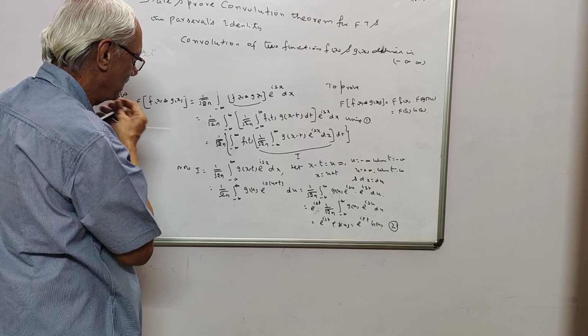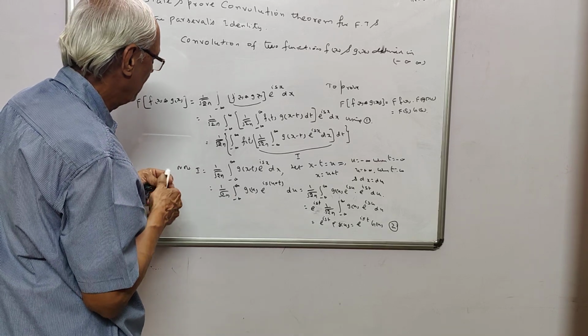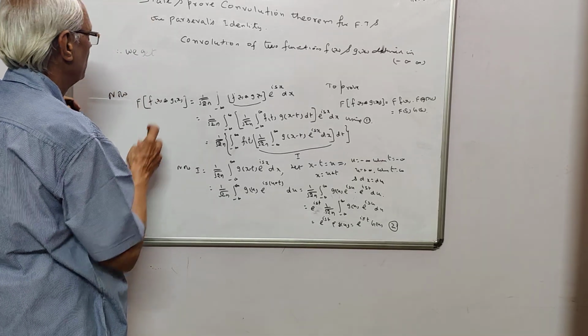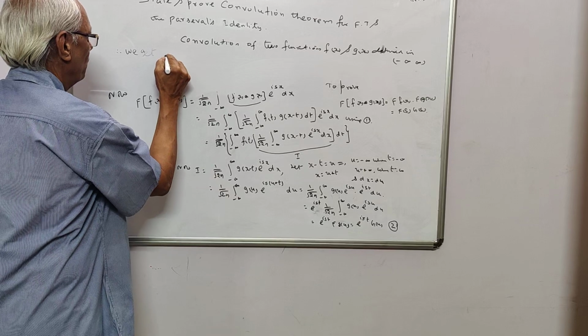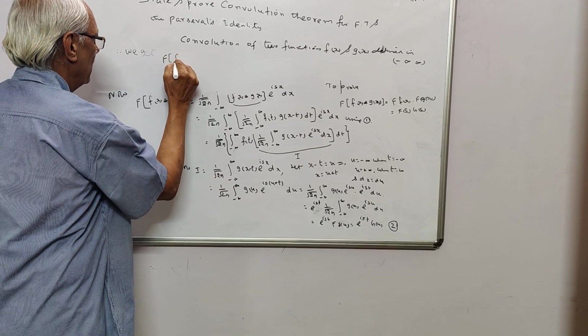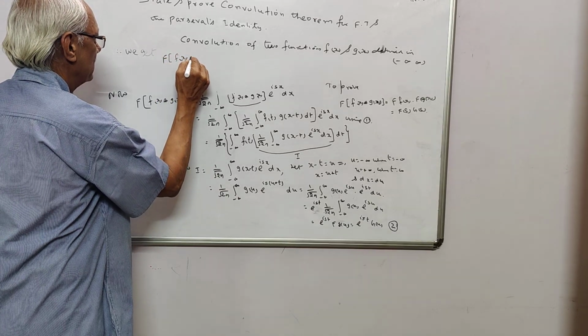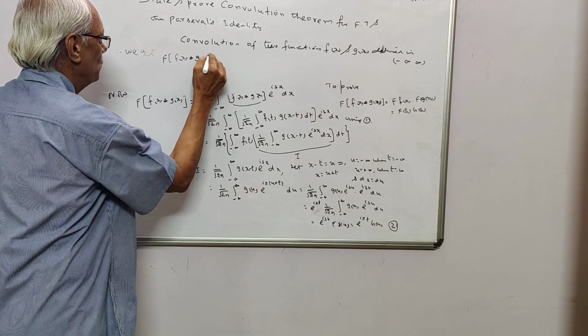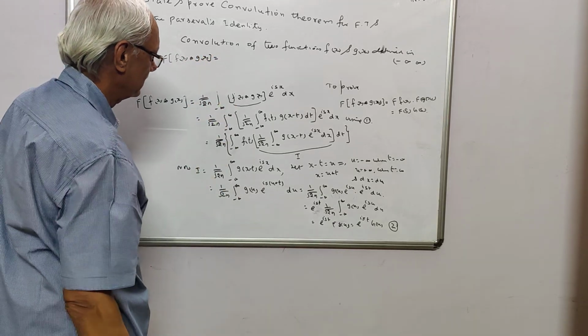What is it that you get here now? Therefore we get the Fourier transform of f of x convolution g of x.